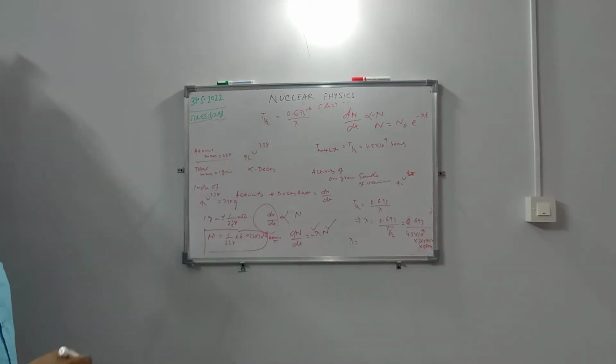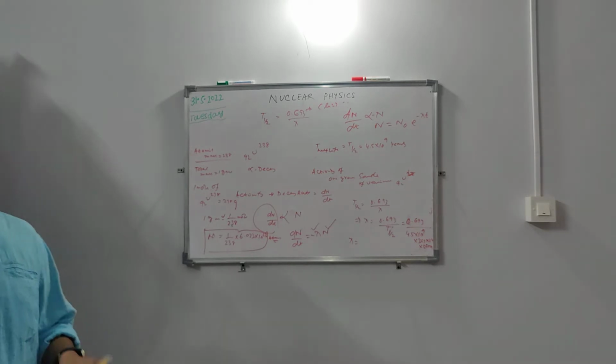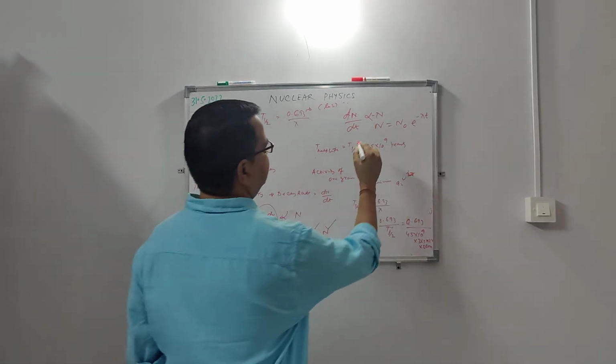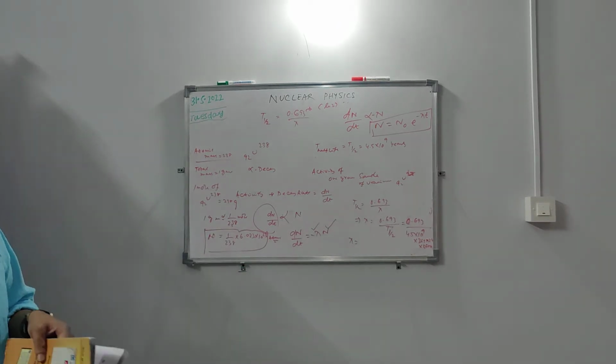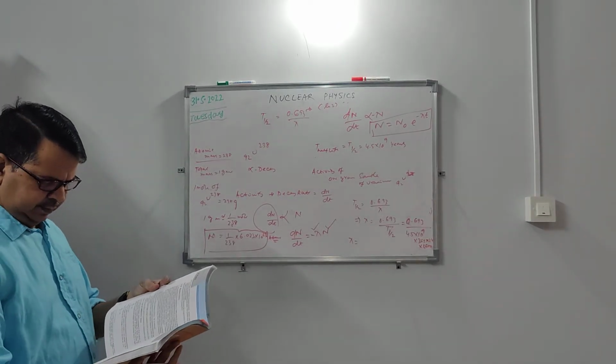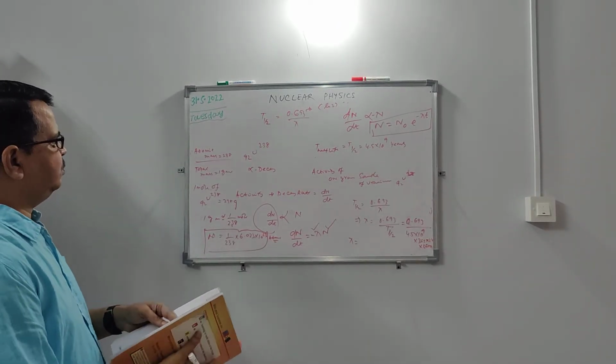That means it is exponentially decaying. Initially the rate of decay will be very high, but gradually it will decrease. So n is equal to n0 e to the power minus lambda t. This is the exponential curve.